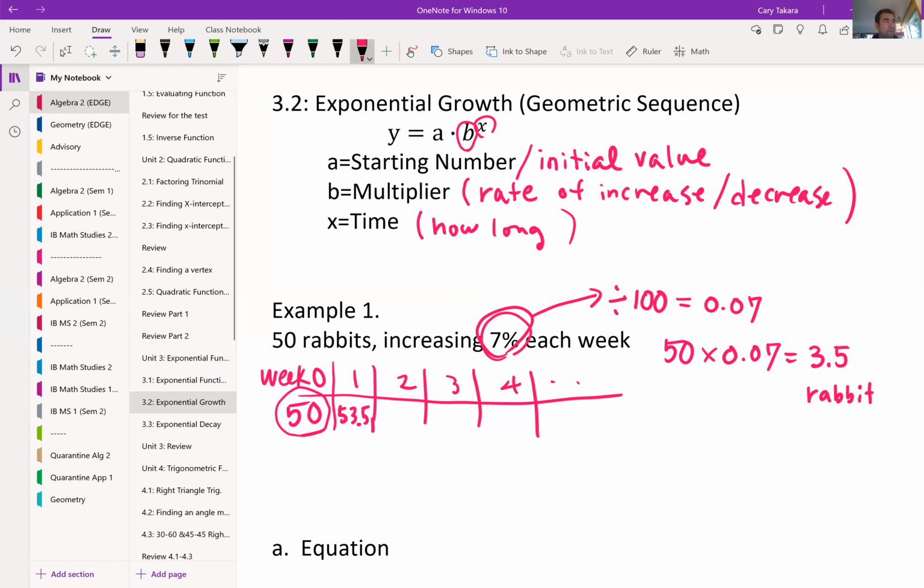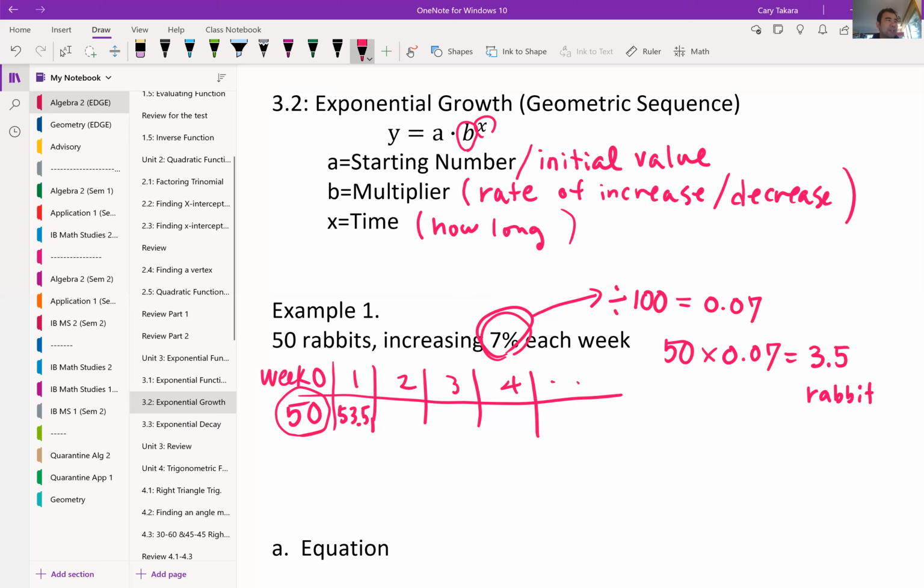Okay? Does that make sense? Now, how about this at the end of the second week? Do you think we are just going to have 3.5 rabbits more every week? So it will be 57 rabbits.